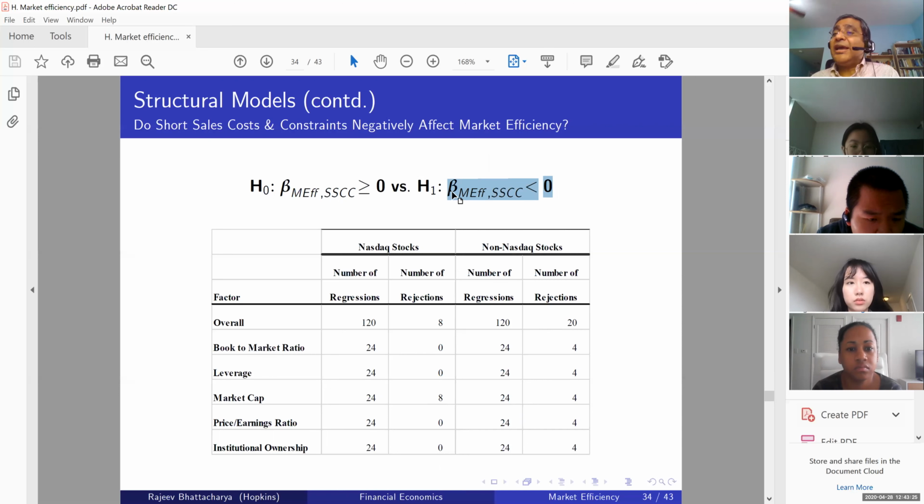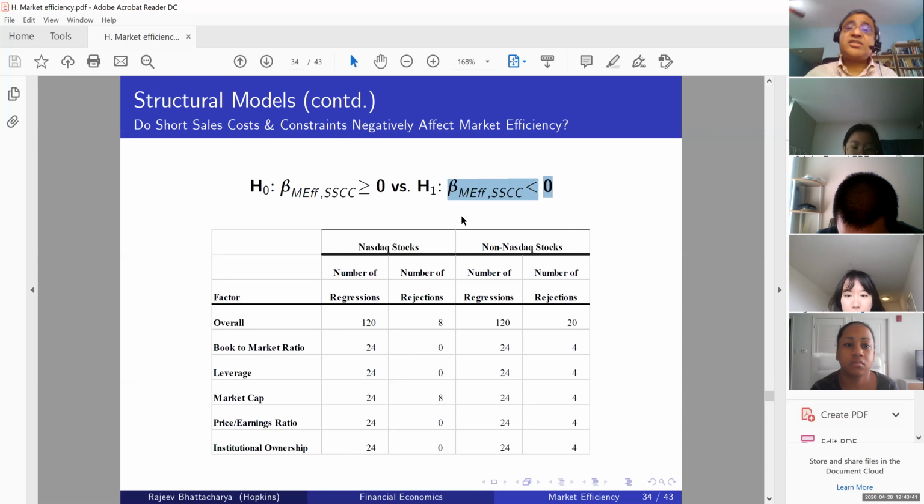So, which is to say that the conventional market efficiency hypothesis, that the higher the short sale cost and constraints, the lower the market efficiency is likely to be, that negative relationship between short sales costs and constraints and market efficiency is not supported by the data once you put in a sophisticated econometric model with a big data approach.